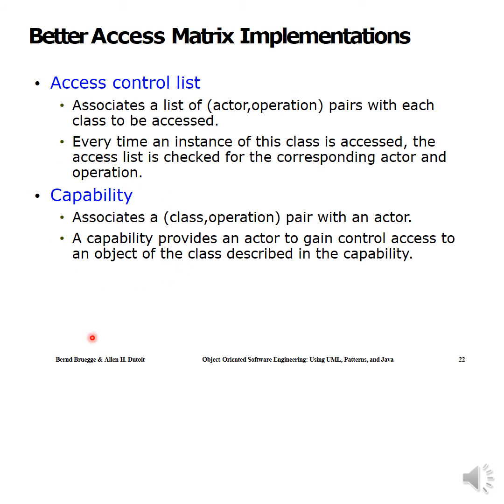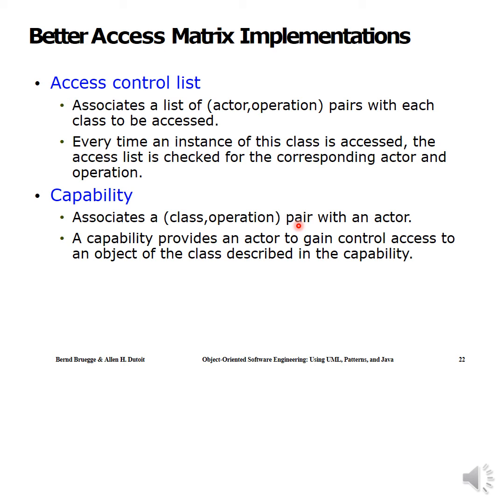So another representation is capability. It associates a class operation pair with an actor. So a capability allows an actor access to an object of the class described in the capability.